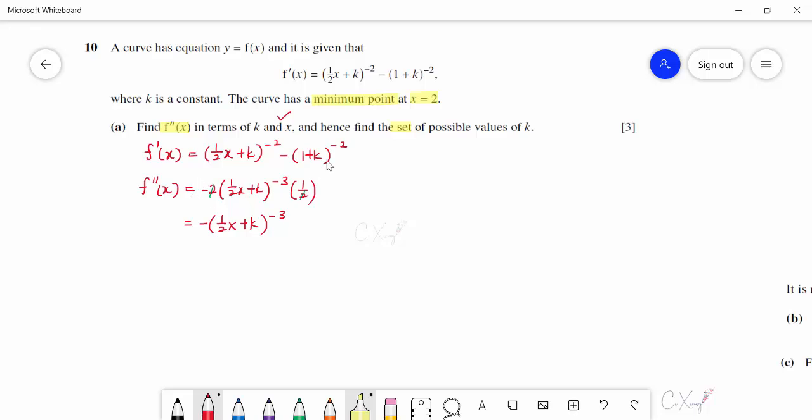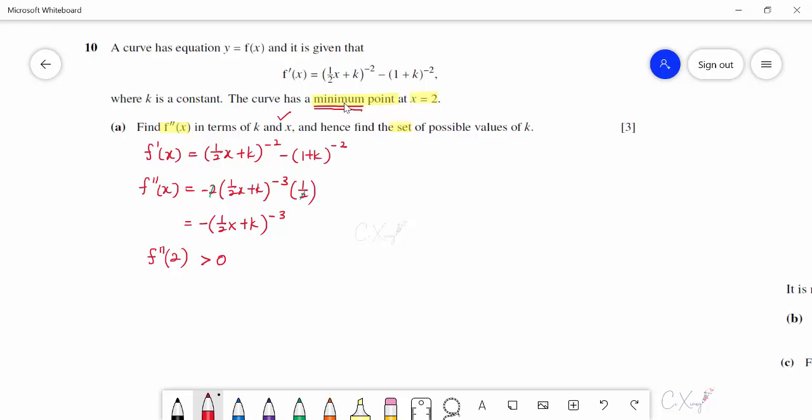For this question, they already give us important info that the point is a minimum point. So when we have a minimum point, it means that f prime prime x is greater than 0. It is a positive value, therefore you will get a minimum point. For this f prime prime x, you need to substitute x by 2, because at x equals 2, the particular point is a minimum point.